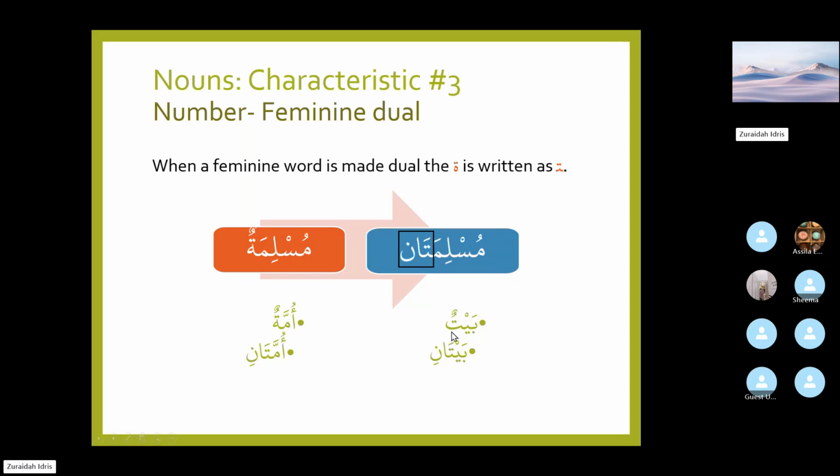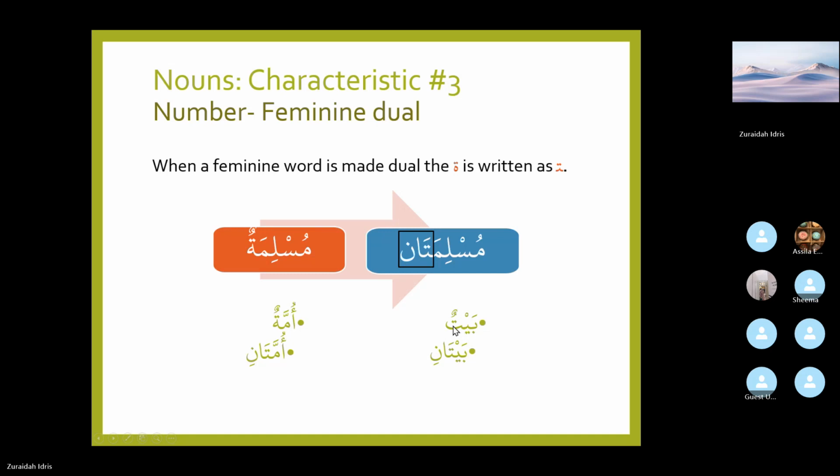Elaine, do you remember? What were the three letters that you would normally find in the place of the root letters for a word? Which letter is this? Baita. Ba is fa of kalimah.